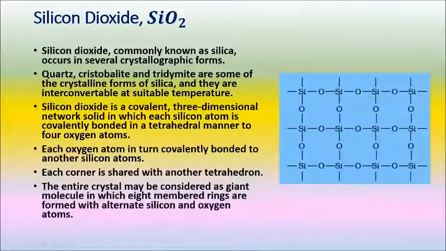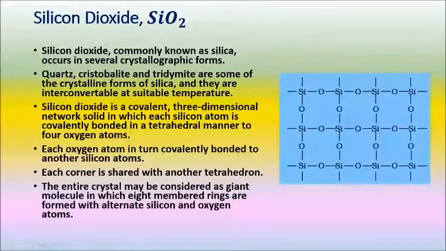The entire crystal may be considered as a giant molecule in which eight-membered rings are formed with alternate silicon and oxygen atoms. How can you explain the eight-membered ring? If you take this silicon and this cube, you can see silicon 1, 2, 3, 4, 5, 6, 7 and 8.